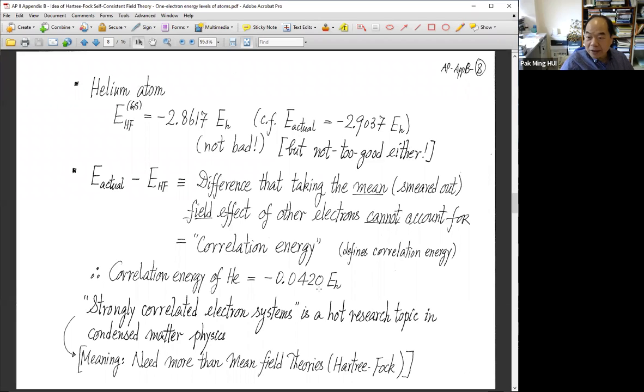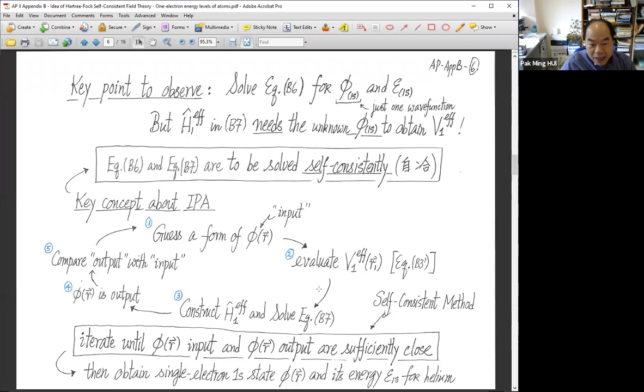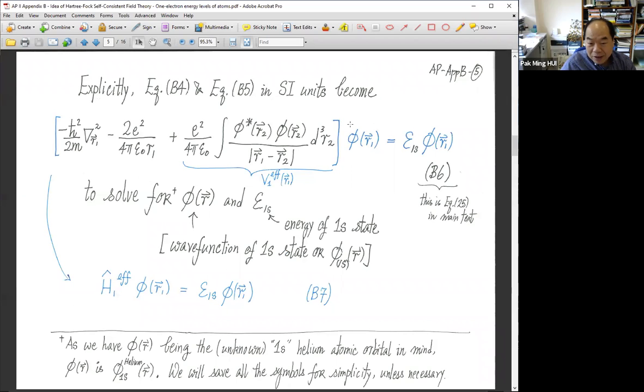And if we do this Hartree calculation, the same equation, one can solve it lousily, or one can solve it rather accurately, okay?